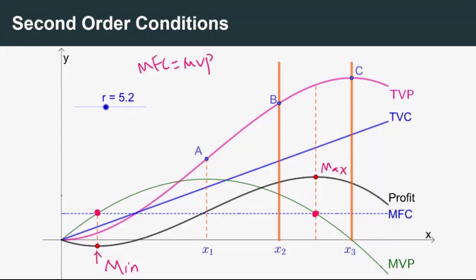However, imagine that you don't have this graph and you only have the algebraic function, and you use this first order condition to find the maximum profit. Then you might end up finding this point where profit is minimized, not maximized. So we need the second order condition to find out whether it's this point or this point. Between those points, which one should we choose that will give us a maximized profit?